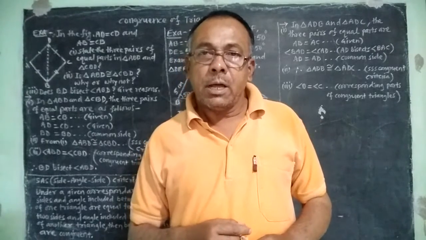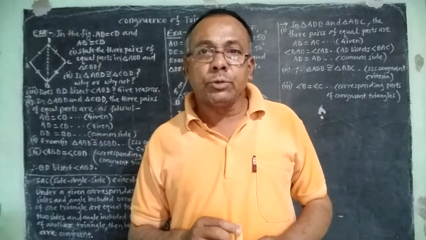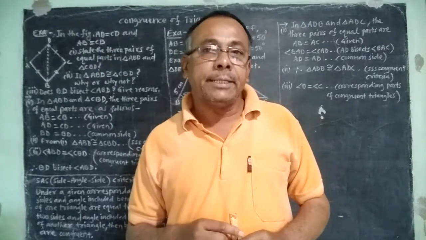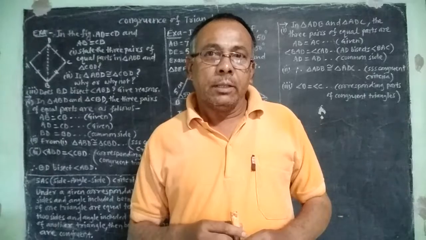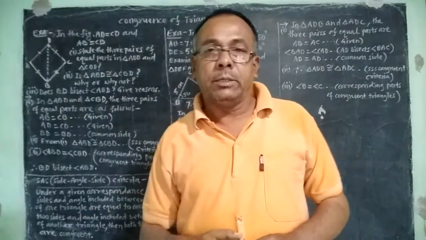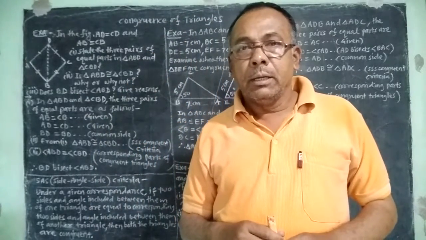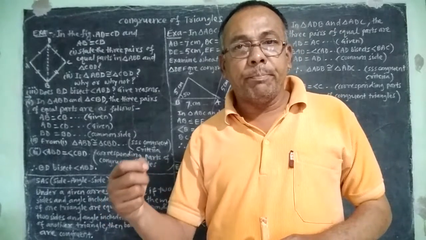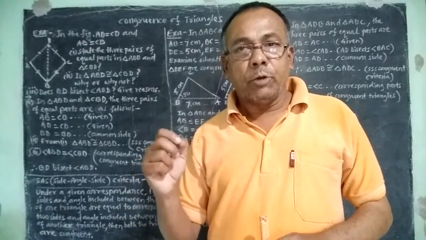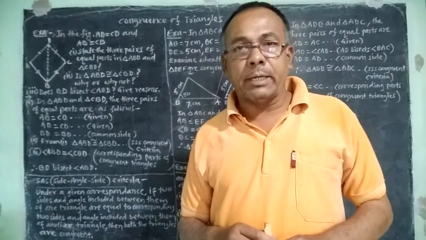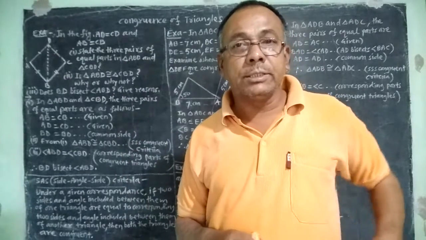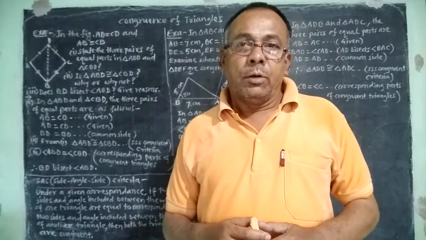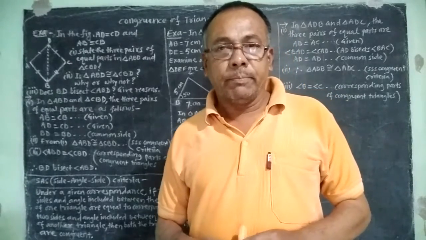But after that, we also studied the criteria. It means that if three specific parts of one triangle are equal to three specific parts of the other triangle, then both the triangles are also congruent, and these are known as criteria of the congruency of two triangles.